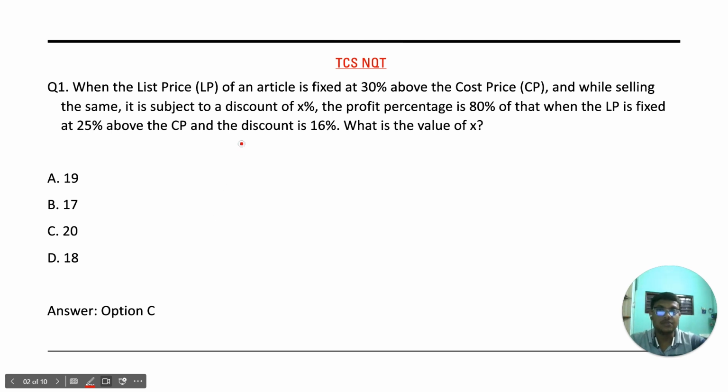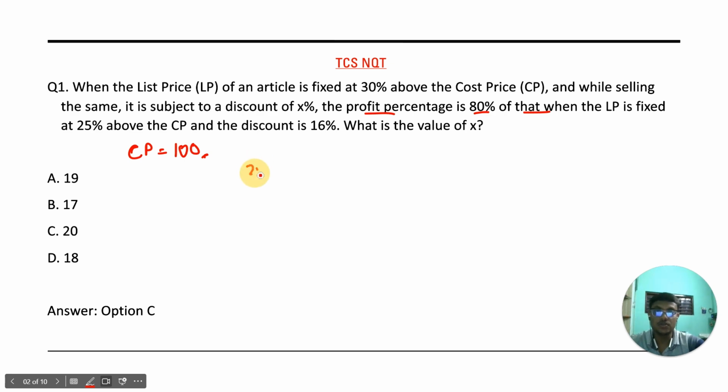Now, as we have been told that the profit percent of case 1 is 80% of that of case 2, we would be handling case 2 first. So before we start solving for case 2, let's say our cost price is 100. I am taking this as 100 because most of the percentages that we see here can be easily calculated if we take cost price as 100. No matter what you take, the answer would be same.